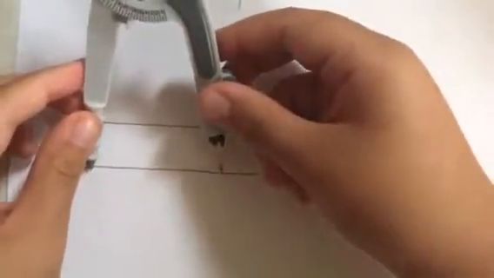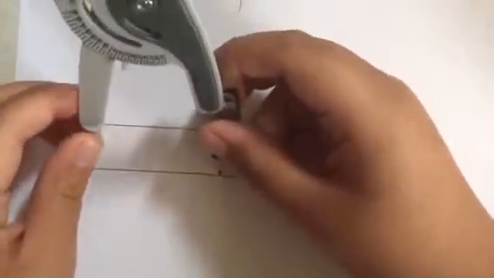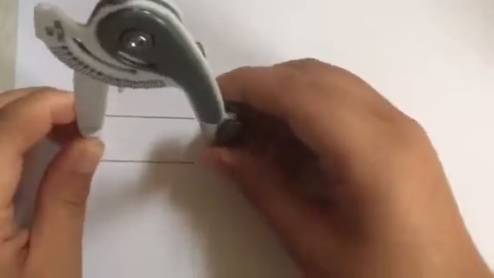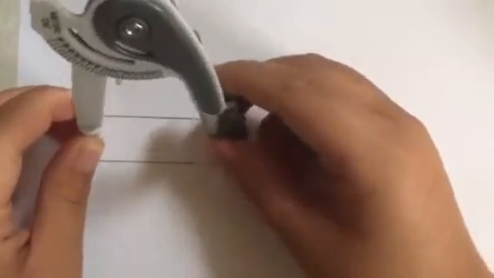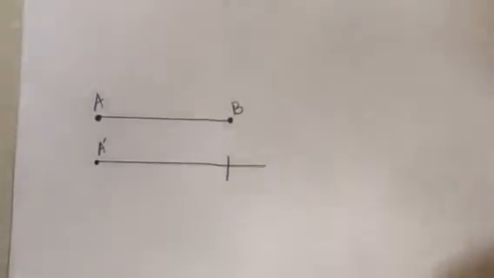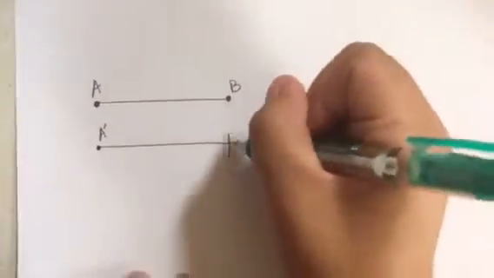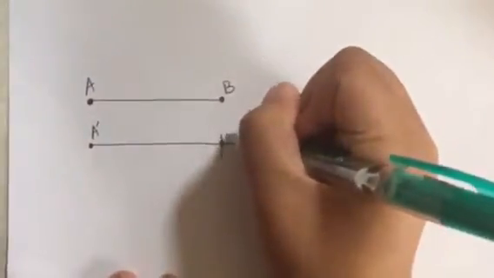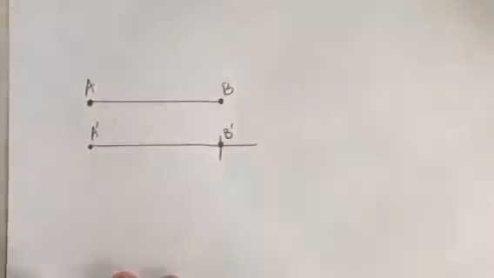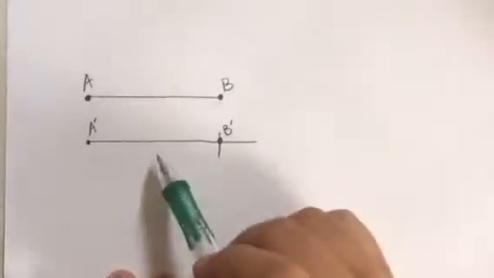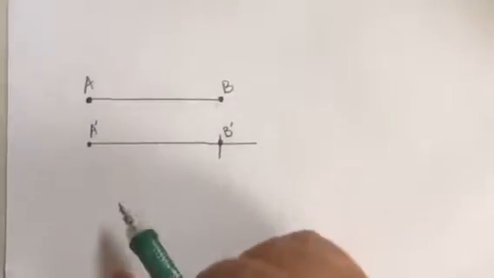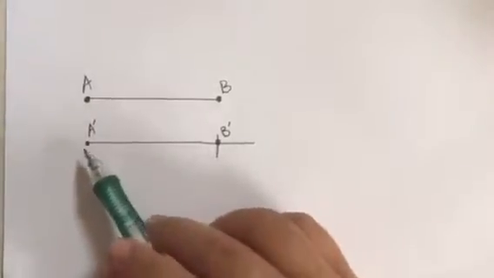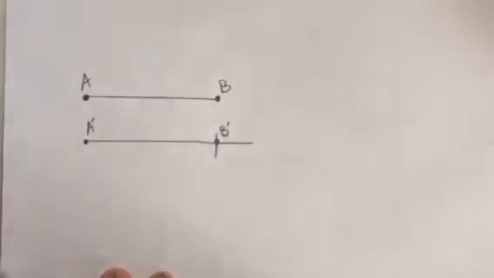And then now you come down to the next line segment and use the compass to draw an intersecting arc. This arc will be the new point B, or B prime. Now we have the 2 segments, the copied one and the original, and the copied one is now the exact same length as the original.